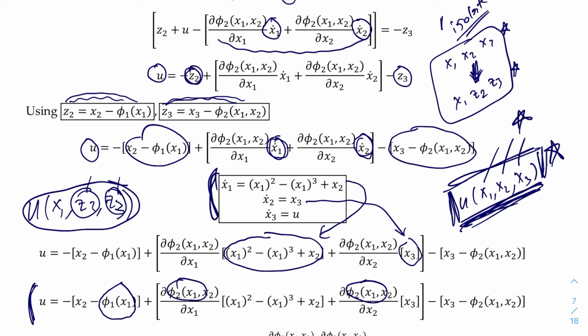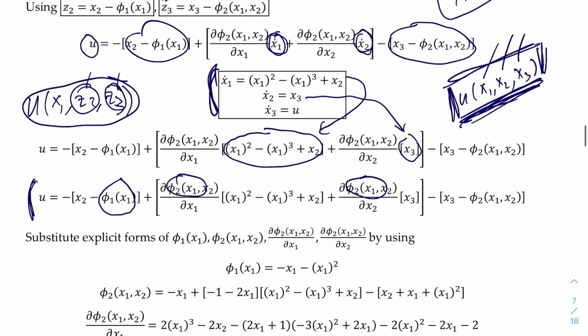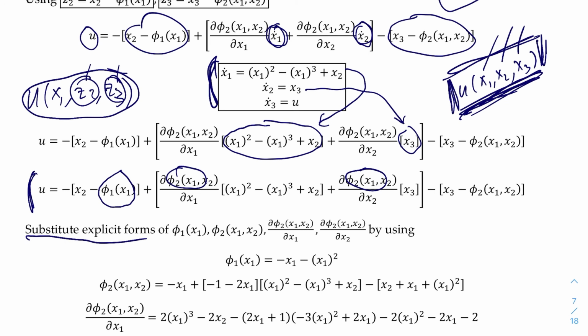Even in the example problems in really good control books, they kind of ignore writing that out. They forget that. Finally, the control law is this. Let me just delete these stars. Let's look at this.